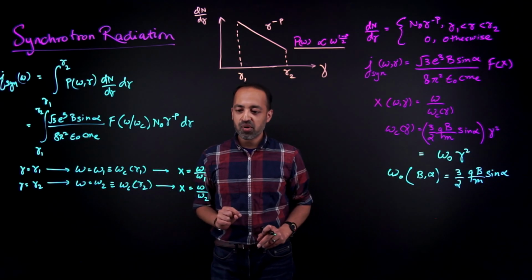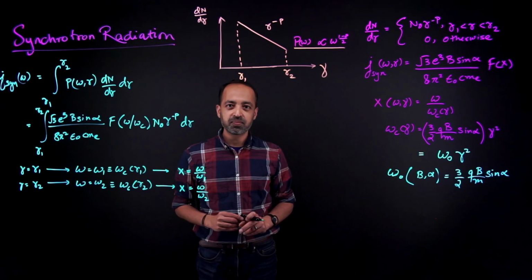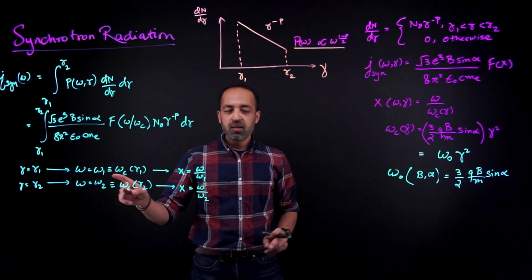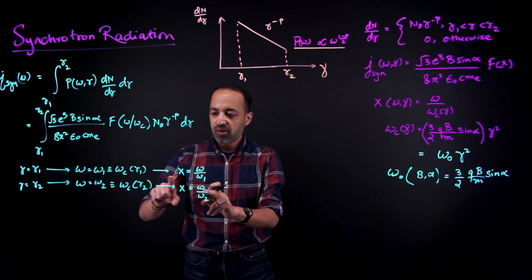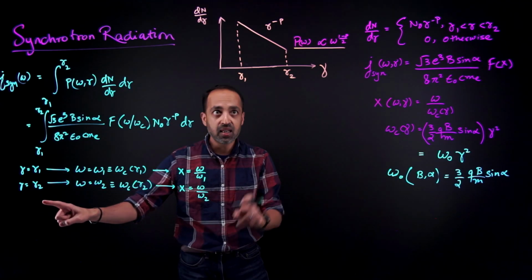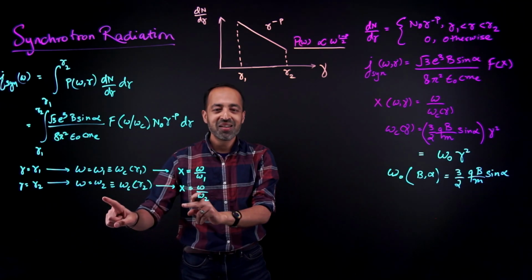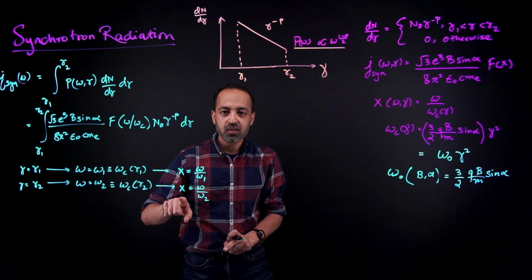So think for a moment, feel free to pause this video now and ask yourself the question, which one of these is larger, which one is smaller? Right, so you'll note that because omega is proportional to gamma squared, the larger the gamma, the larger this omega, and so because gamma 1 is less than gamma 2, therefore omega 1 is less than omega 2, which means for a given omega, this x is larger than this x.